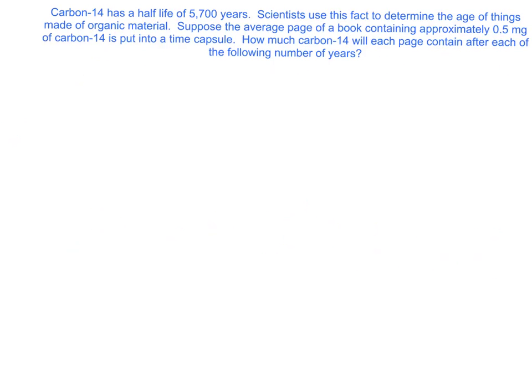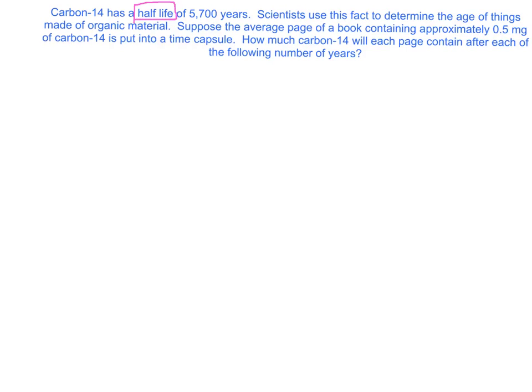Alright, last example using exponential decay, but this is a special scenario. It's involving half-life. So maybe circle or highlight half-life because this is kind of a special scenario in which we use exponential decay. So carbon-14 has a half-life of 5,700 years.